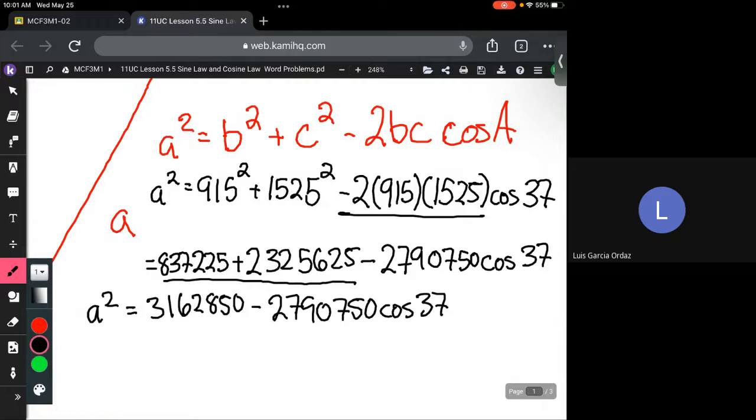Like I said, some calculators can do it all in one shot, or you can do it differently. You can just leave the 3 million alone and then figure out what 2,790,750 times cos 37 is. I'm going to see what it gives me if I do it all in one shot. Can someone tell me what they got?